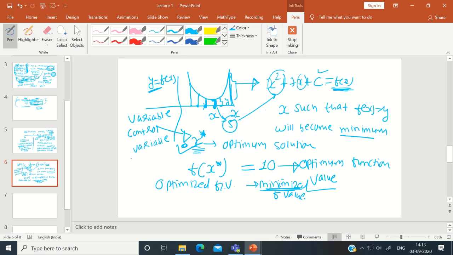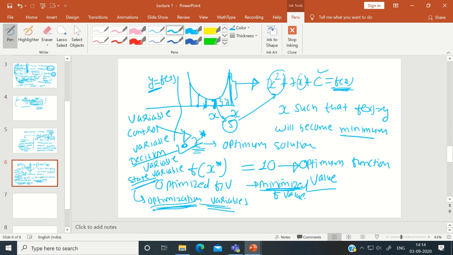This x is also called the decision variable. This x is also called the state variable. x is also called the optimization variables. So 1, 2, 3, 4 up to 6, there are 6 synonyms, right? So most of the books use the word decision variable or state variable. In power system we use the word state variable or optimization variables, right?